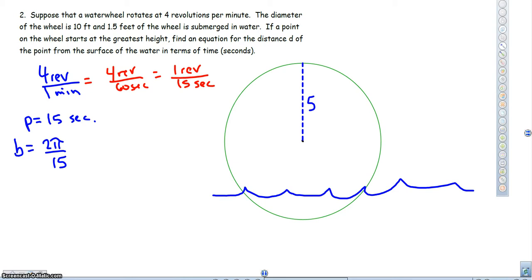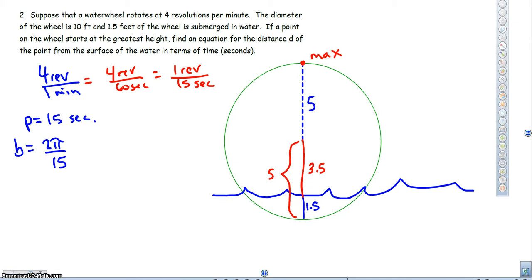So this much right here is 1.5, which means the rest of that has to be 3.5 because it's got a radius of 5. Alright, so let's see. If a point on the wheel starts at the greatest height, so that's going to start at the max, it wants the equation of this water wheel. So let's see if I can figure out the max.